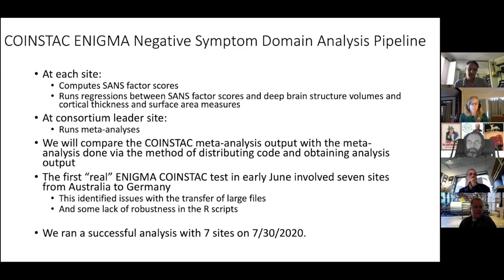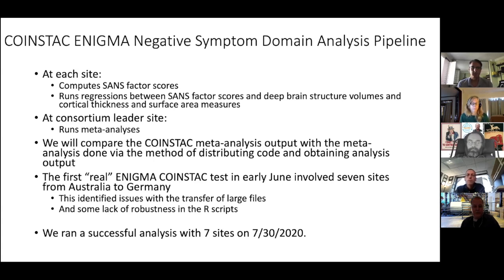That's probably enough here. So we actually did a first run. Of course, we piloted between Jess and I and Ross, who was on Vince's team and helped develop the COINSTAC implementation of the pipeline. Then we did a first real test in June, where 7 sites joined, and we ended up with 2 issues.